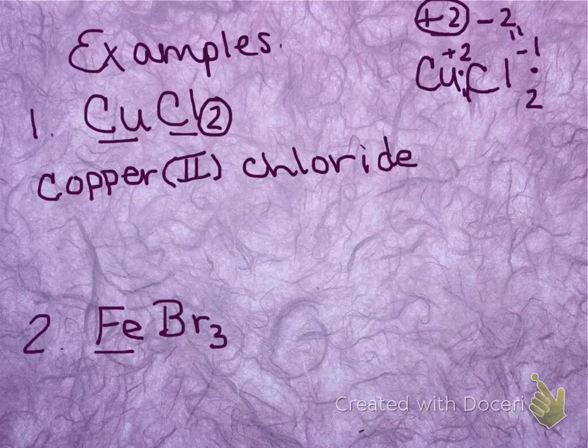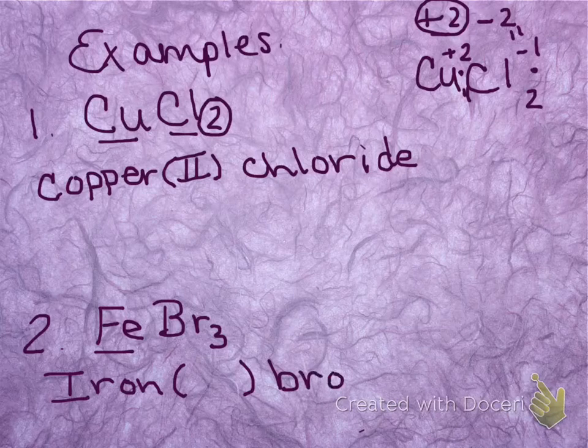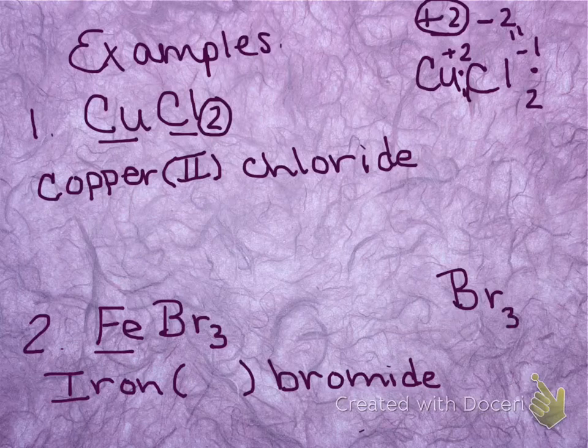FeBr3. Fe is iron. It's a transition metal, so we have to have parentheses. Br, we know, is bromine. We're going to change the ending to IDE, so bromide. Again, we're going to look at bromide. We have 3 of them. If you look at the periodic table, the charge on a single bromide is -1.